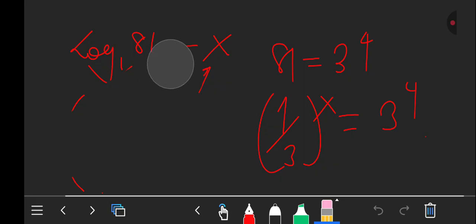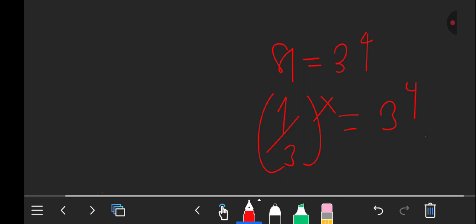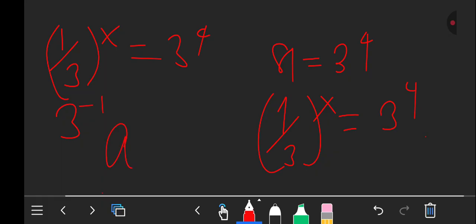Let me get rid of this. Okay, so what we have is 1 over 3 to the power x is equal to 3 to the power 4. Now you can express 1 over 3 as 3 to the power negative 1, just from a law of indices, which says when you have a to the power negative 1, this is the same as saying 1 over a, just the inverse.